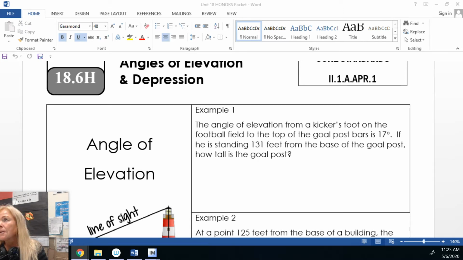For instance, if you are going on a hike and you come across a river and you want to measure how far across it is, so that you can determine whether or not you can traverse it safely, you would be able to create a right triangle from where you're standing at the river, directly across from a point on the other side.